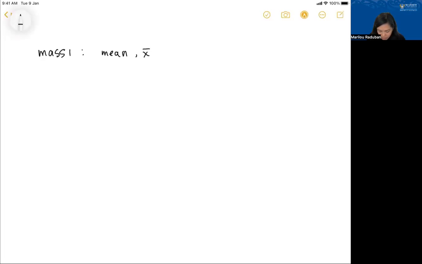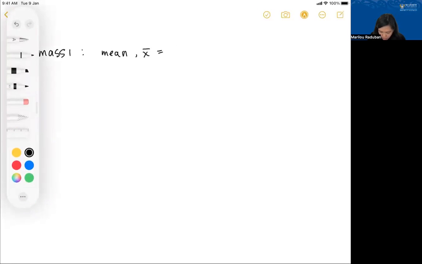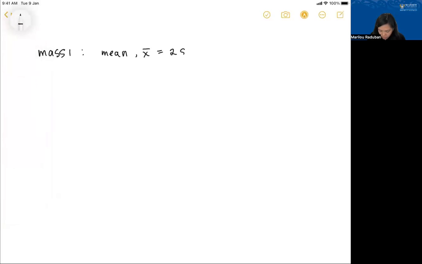For example, you obtained a mean of 2 seconds, just for argument's sake, and then the standard deviation that you calculated in the period is 0.5 seconds.